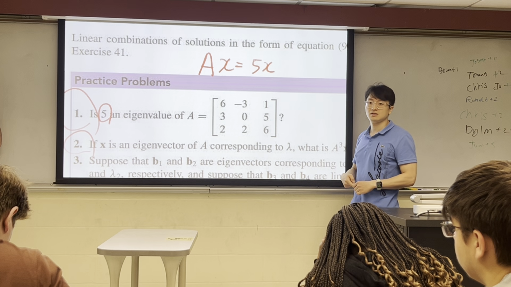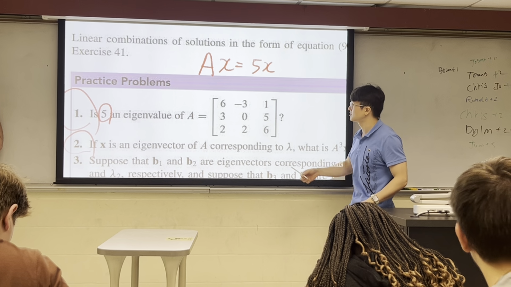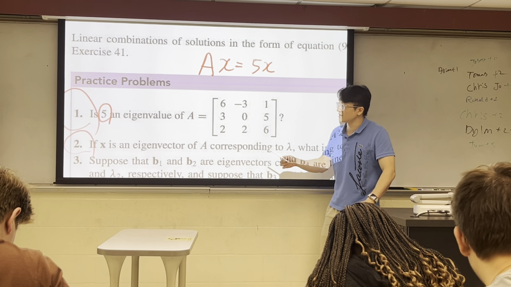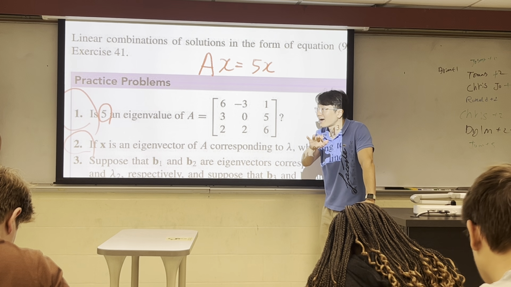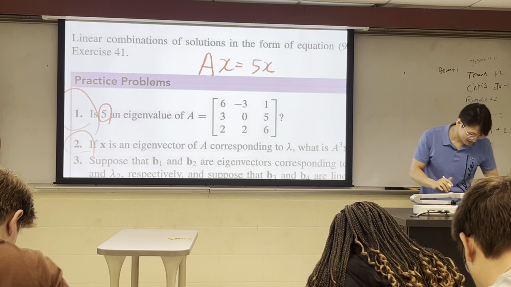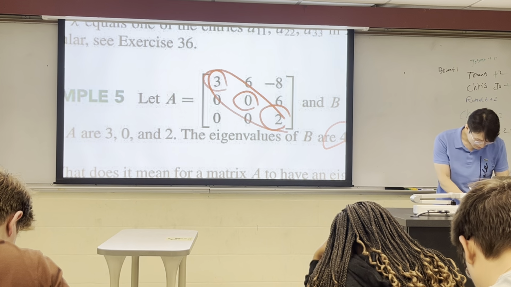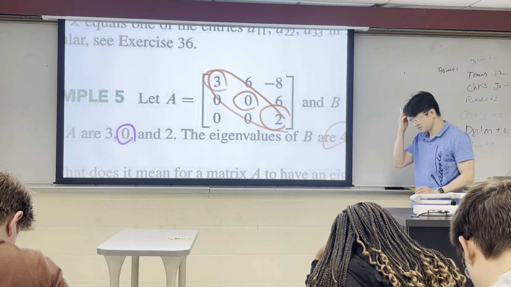Yes. Can 0 be an eigenvalue? No. Oh. Yeah, in that case, yeah. Sorry, did you ask if 0 can be an eigenvalue? Yes. Oh, okay. I thought you were talking about the previous one.